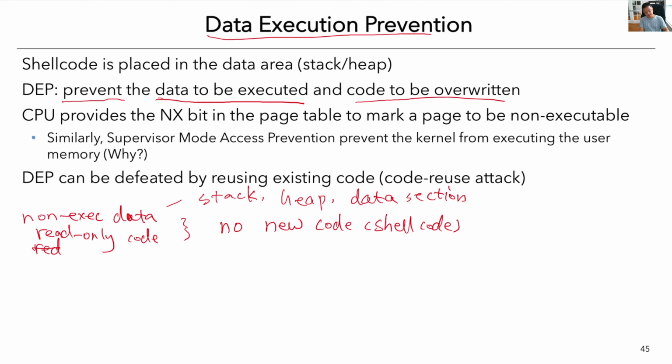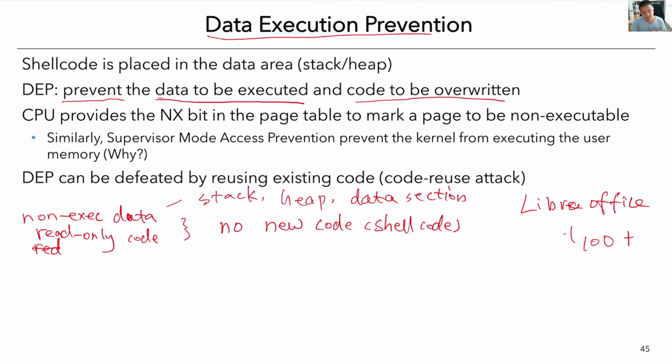So some complicated programs like LibreOffice can use hundreds of shared libraries. So there will be a lot of data sections. Okay? And also, you cannot override the existing code.